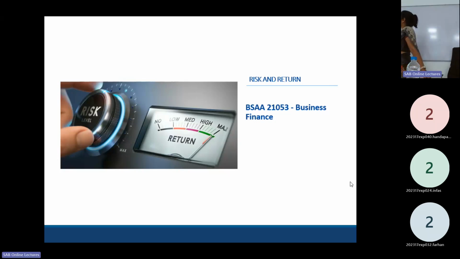So what is the connection of risk and return to our objective? What is the objective of financial management? Maximizing shareholders' wealth, maximizing the value of the company, maximizing the market price of the share of the company. So you know what our objective is.